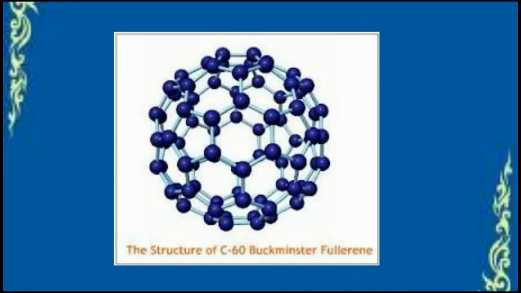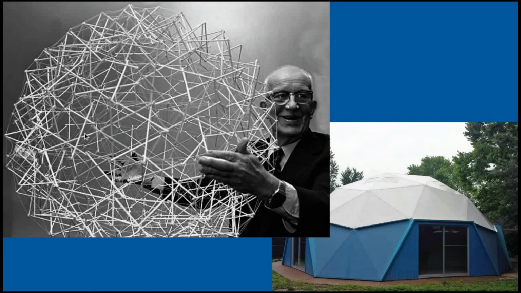Some people think it looks like the Spaceship Earth ride in Epcot, the main ball there. But one cool thing about Buckminster Fuller, this is him, and he actually was a professor at SIU Carbondale, and his home that he built like his Buckminster Fullerene shape is actually still located in Carbondale, and it's something that you can drive by and see.